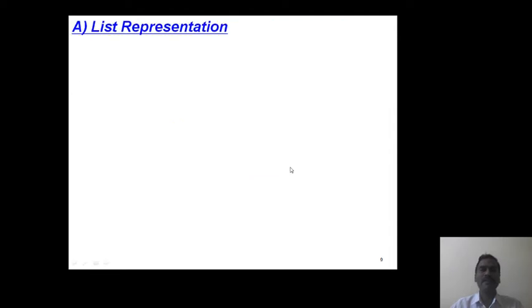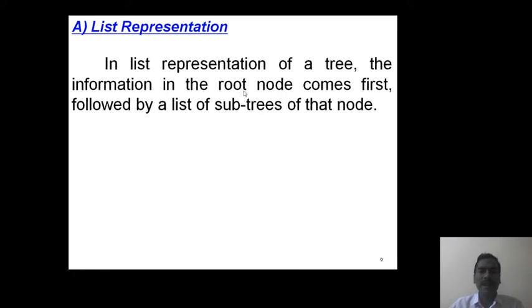The first one, list representation, is a simple thing. In this format, first we place the root node followed by the list of subtrees of the specified node.